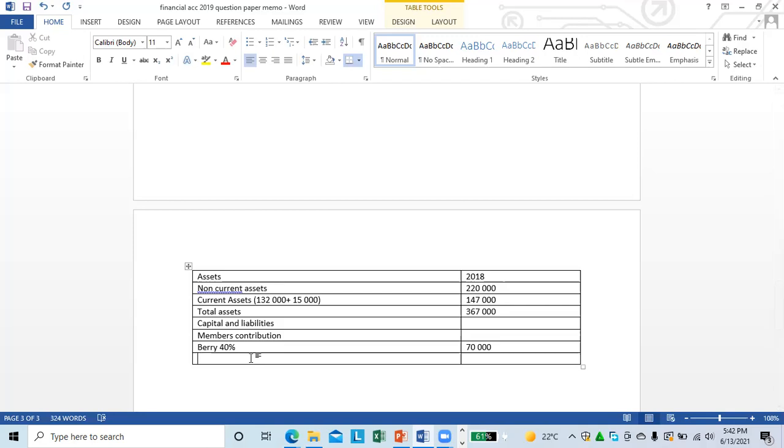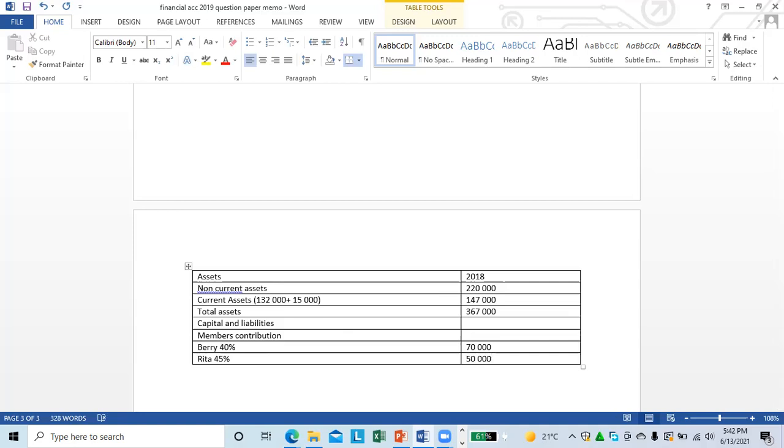And then we have Rita. Rita is now at 45%, and her initial contribution is 50,000.